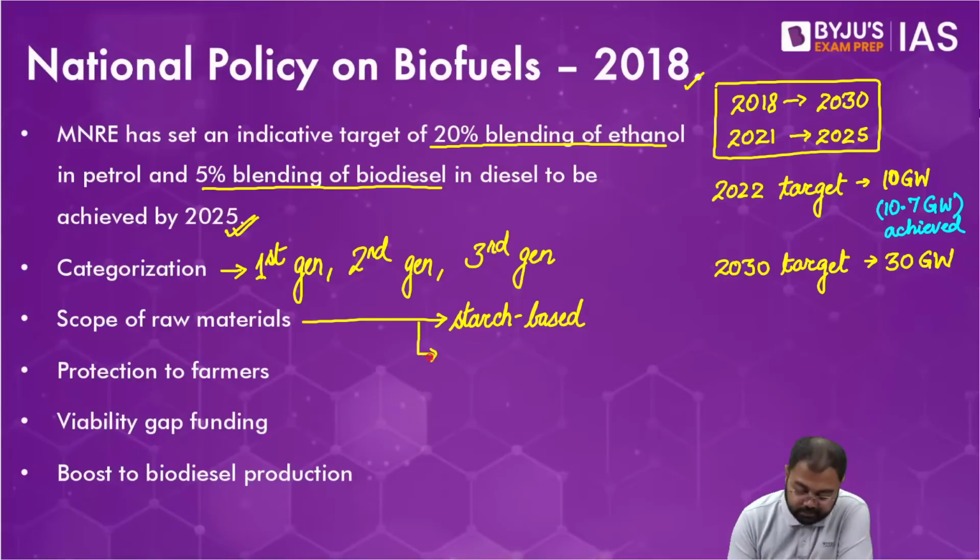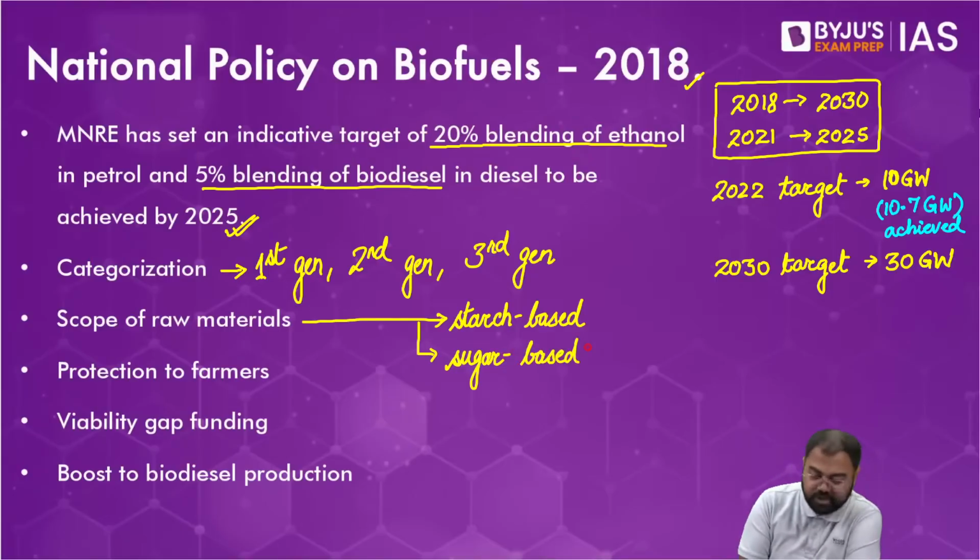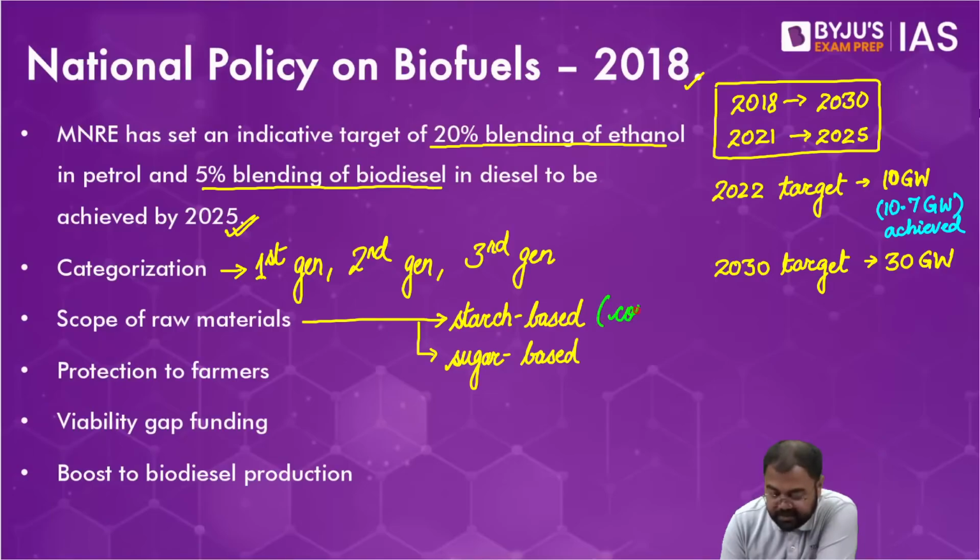Similarly, sugar based raw material have been defined. Starch based meaning the ones that have a good amount of carbohydrates in them. For example, corn can be taken as an example. All right. Then sugar based meaning the ones that are obviously good sugar sources. So sugarcane juice is one such example.